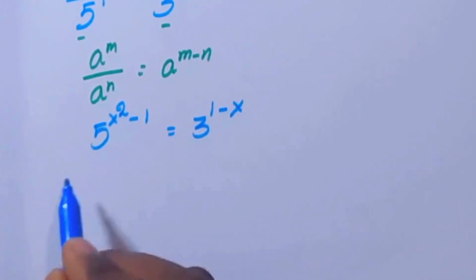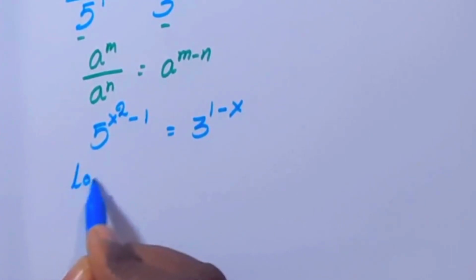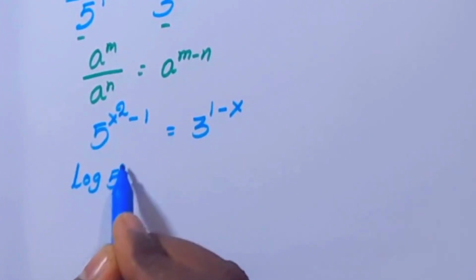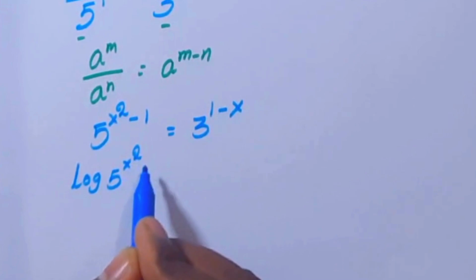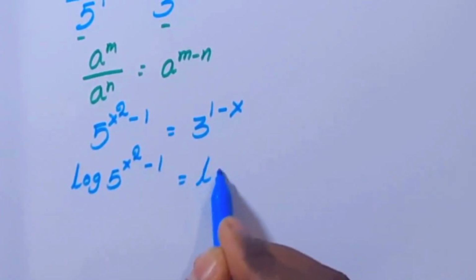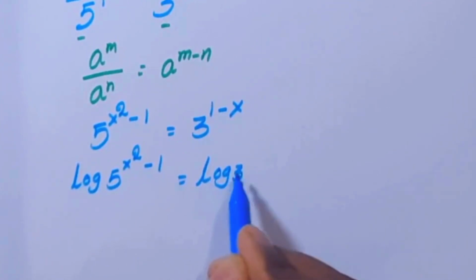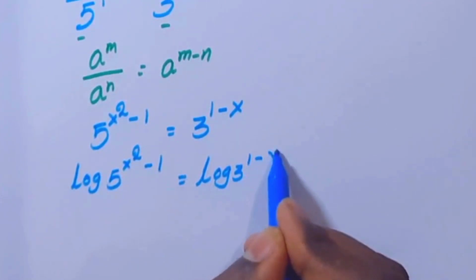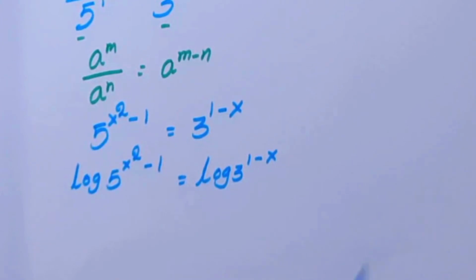Now take a log on both sides. Log 5 power x squared minus 1 equals log 3 to the power of 1 minus x.